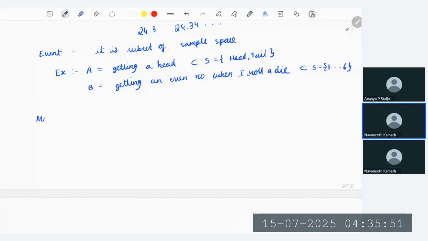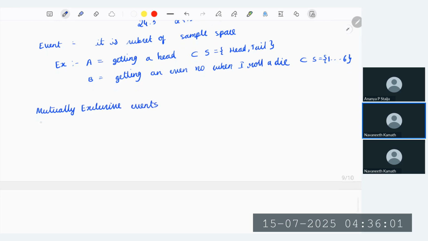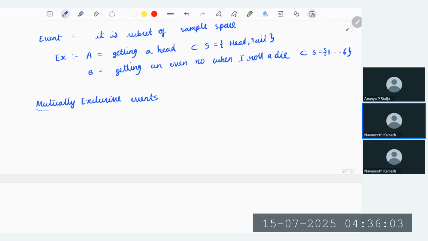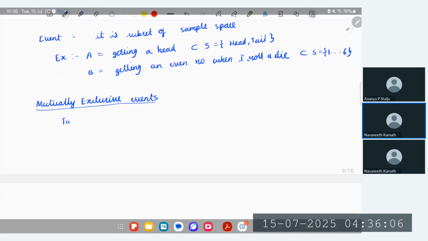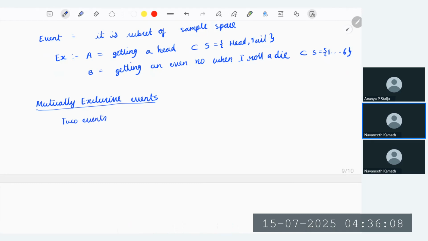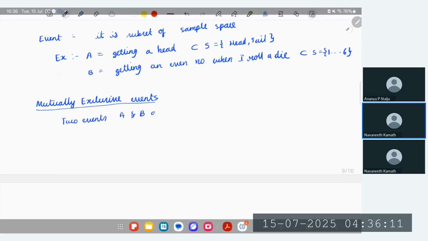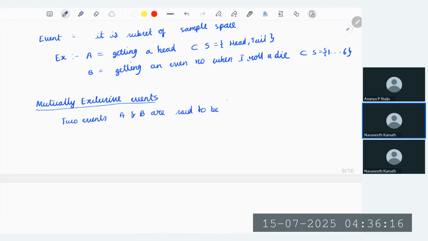One is mutually exclusive events. Any two events, A and B, are said to be mutually exclusive if there is nothing common between them.